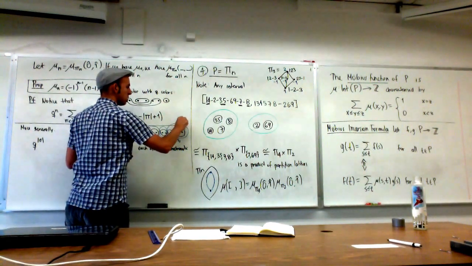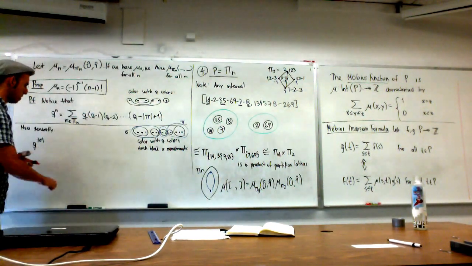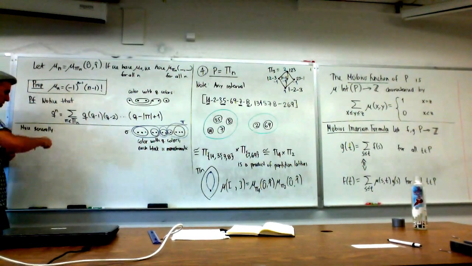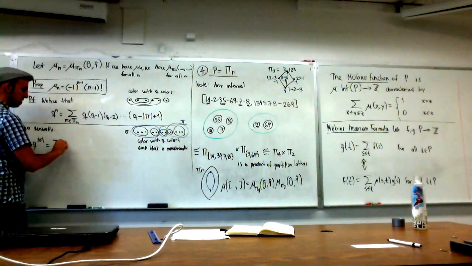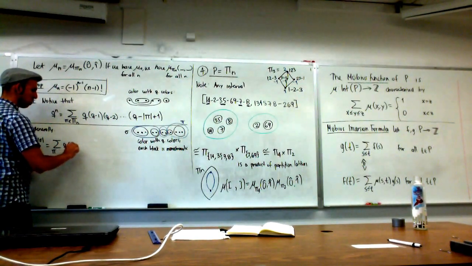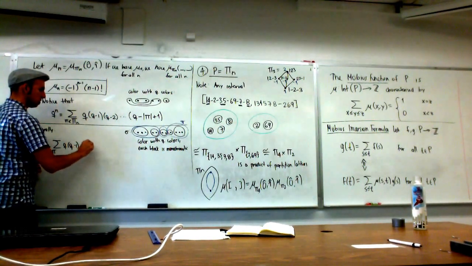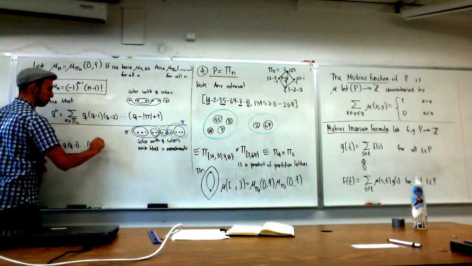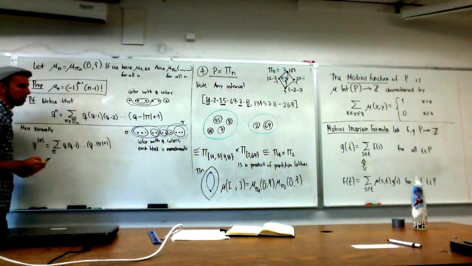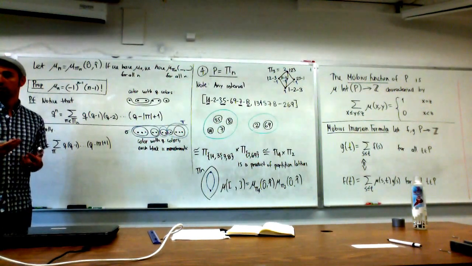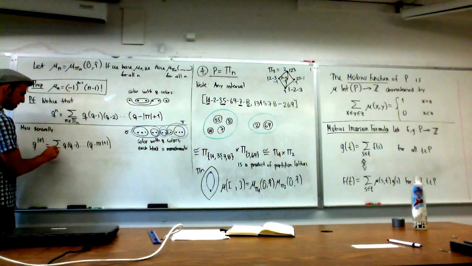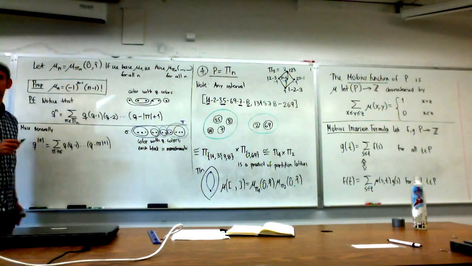And so then what I get is the same thing, sum over partitions of the same thing. But what partitions pi can I use here? Partitions that are coarser, right? So I can only use partitions that are greater than or equal to sigma.